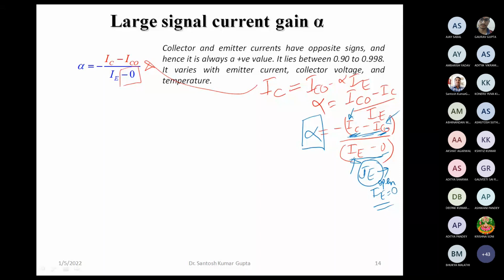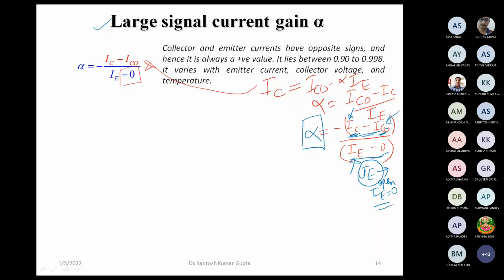When there is a large biasing change, and because of that a large change in the current, we call this a large signal. And this looks like a kind of gain.